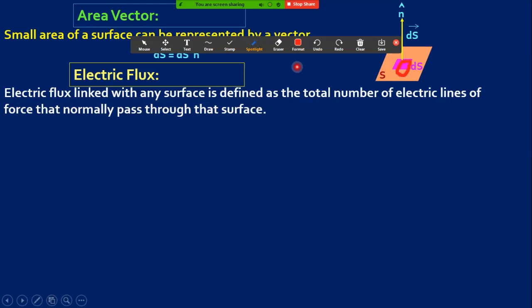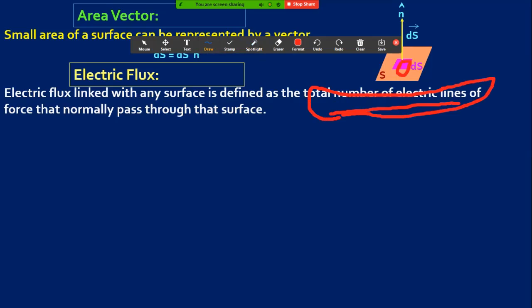My dear boys, electric flux is the number of electric lines of force passing through a unit area, and the lines must pass normally.